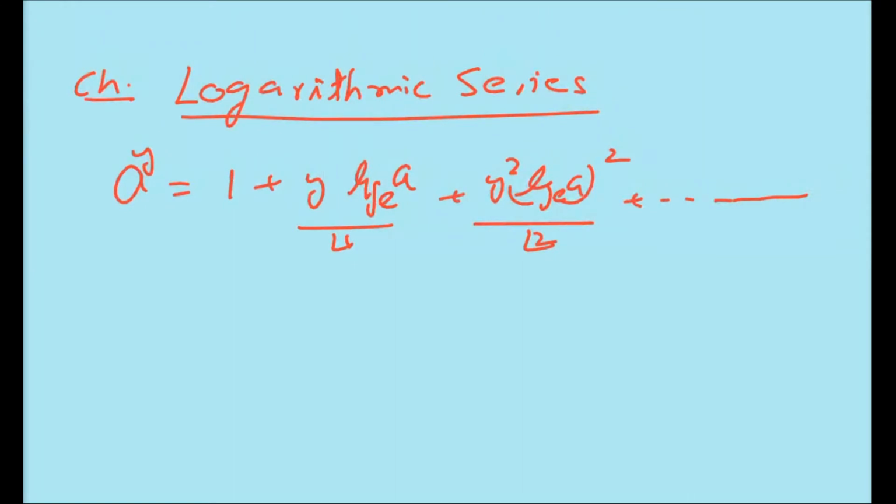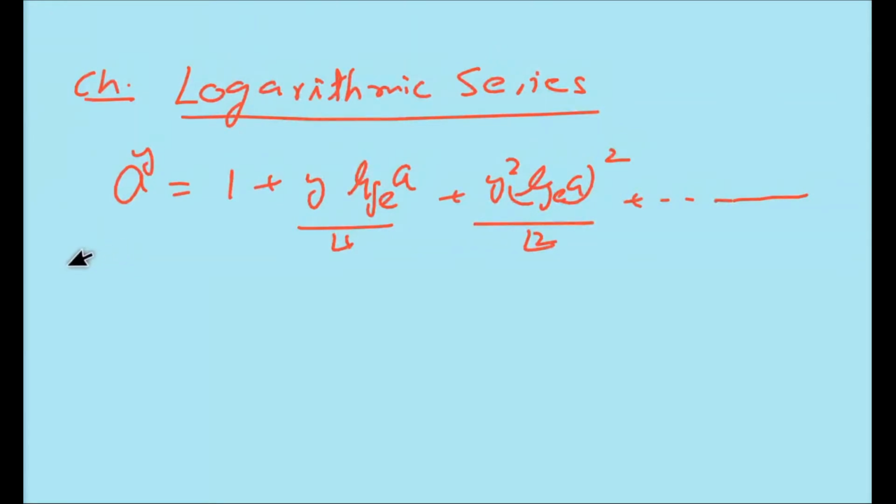Okay, student, we have already found this series in the exponential chapter, so if you want to know it in detail, go through that chapter, as I already mentioned in the previous video.